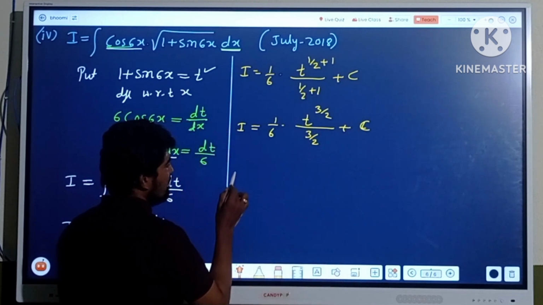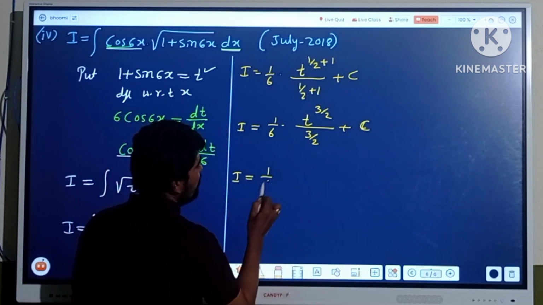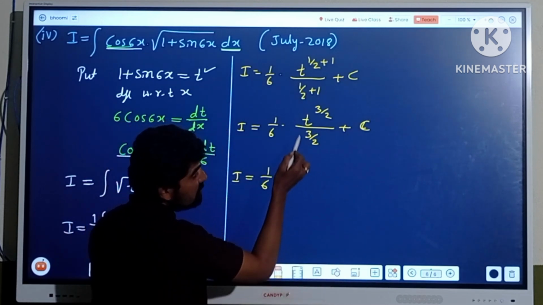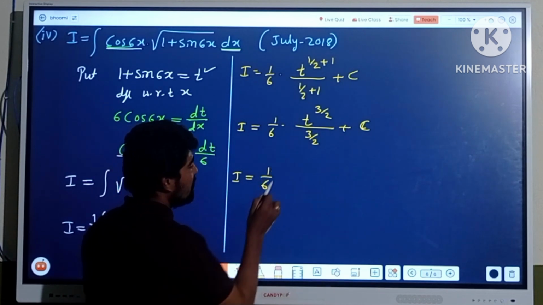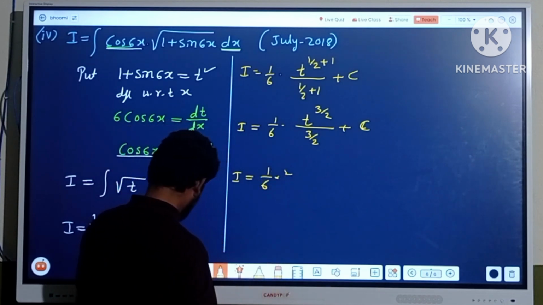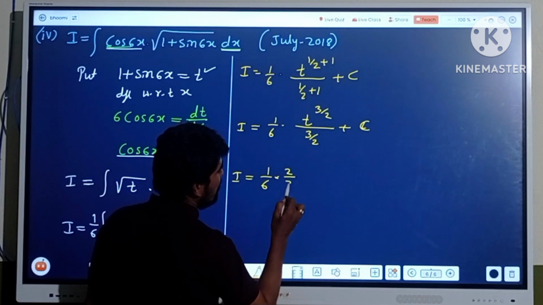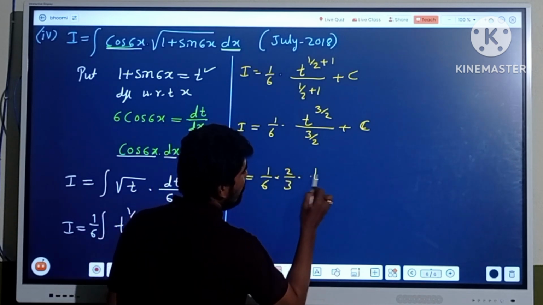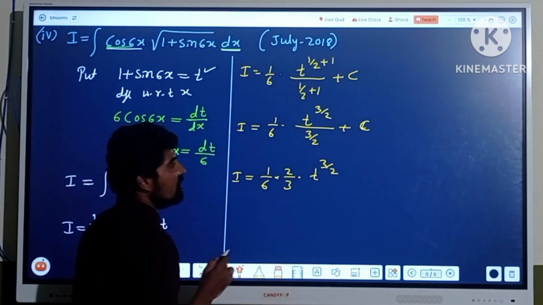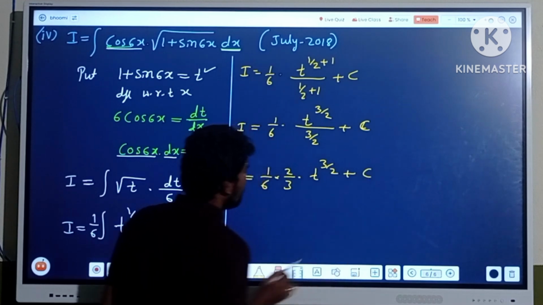So shift this 3 by 2 towards the numerator, it becomes 2 by 3 into t power 3 by 2, plus integral constant c.